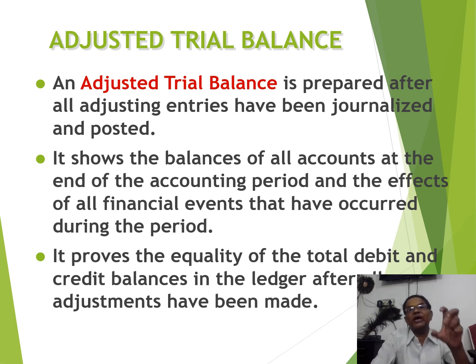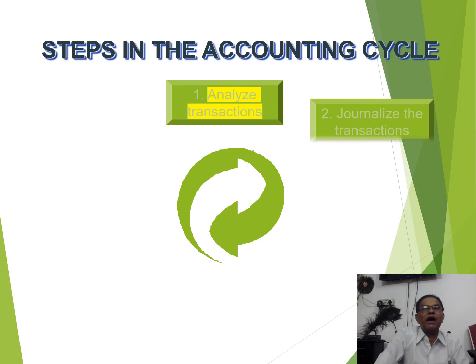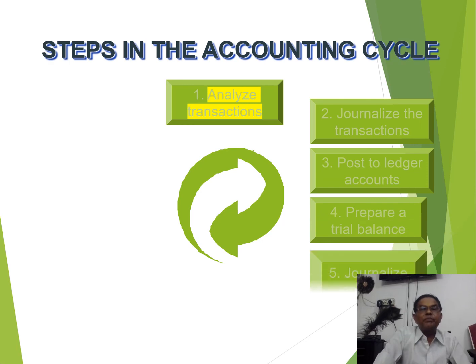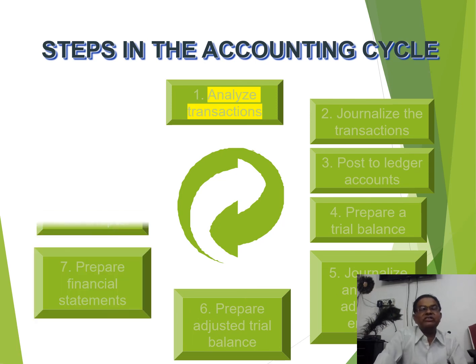So this is also a check. Steps in the accounting cycle: here we proceed to the next part for analyzing. Second, journalize the transactions. Next, post to the ledger and prepare a trial balance. Journalize and post adjusting entries. Prepare the adjusted trial balance and prepare the financial statements.